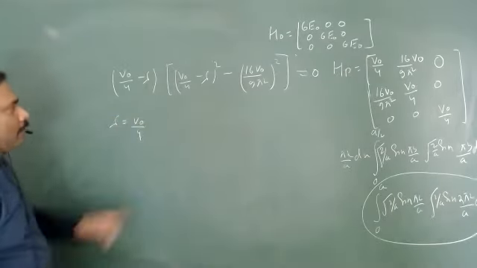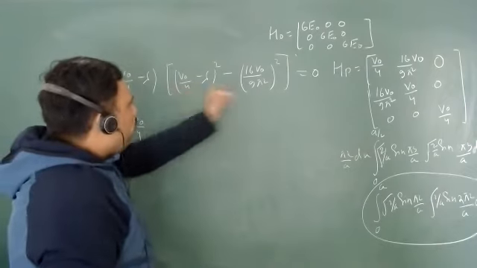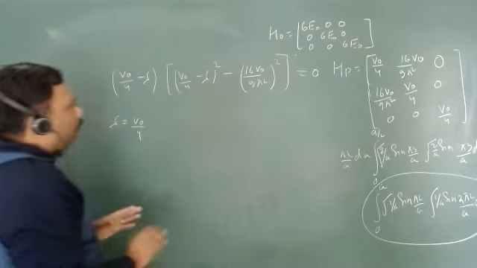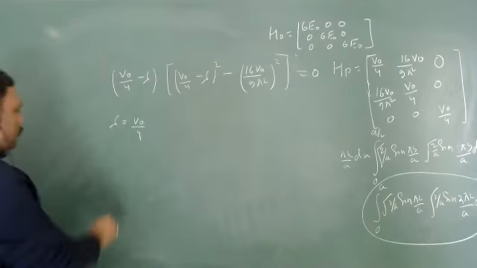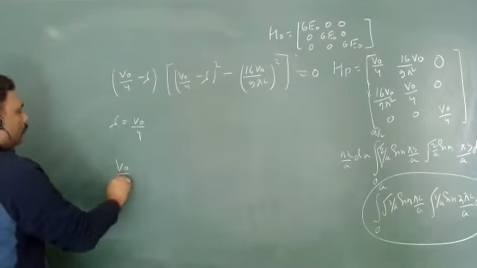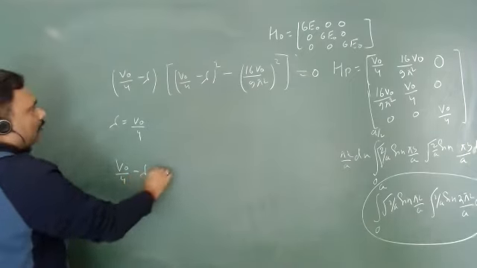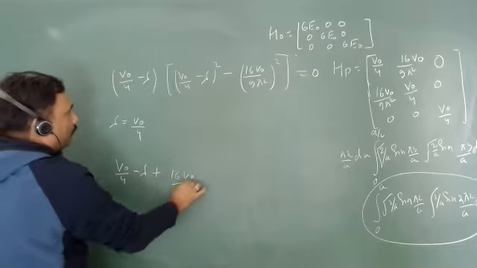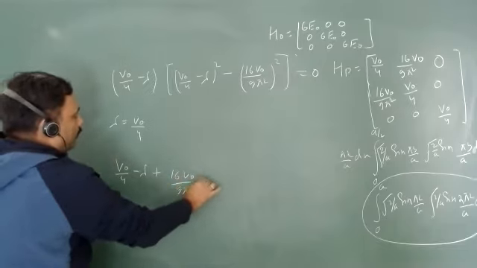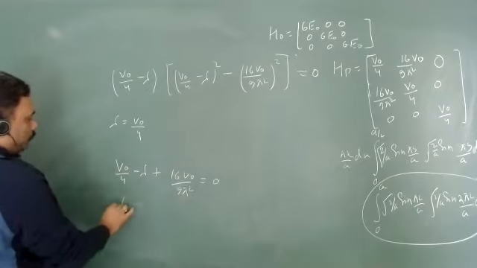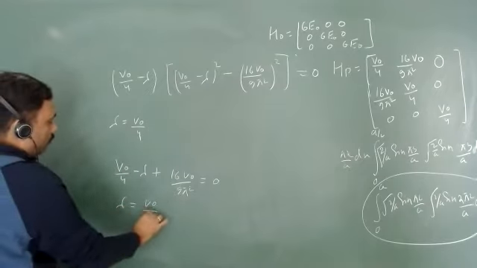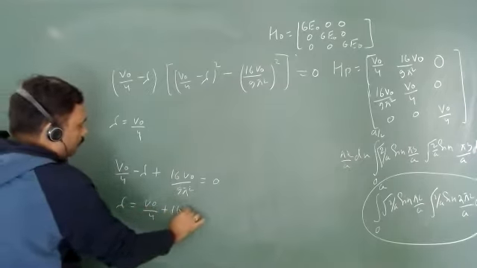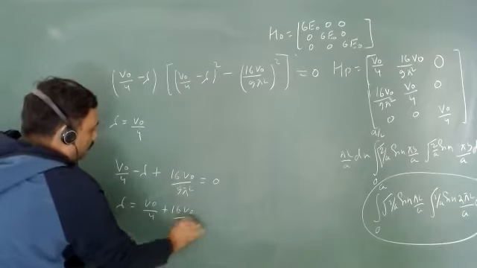One lambda is V0 by 4. It will remain the same. And here we are just going to take the form a plus b into a minus b. Okay. So V0 by 4 minus lambda plus 16 V0 upon 9 pi square is equal to 0. So lambda is equal to V0 by 4 plus 16 V0 upon 9 pi square.